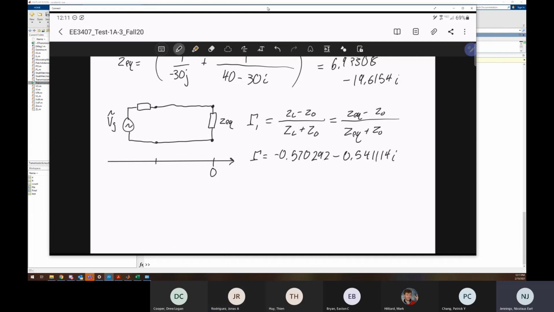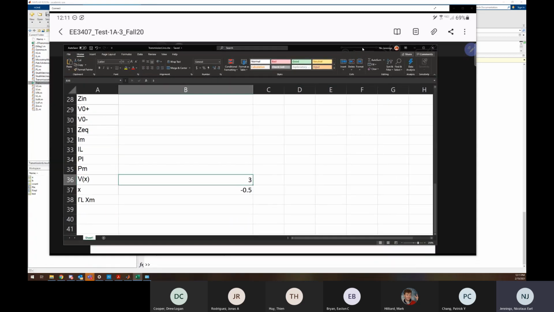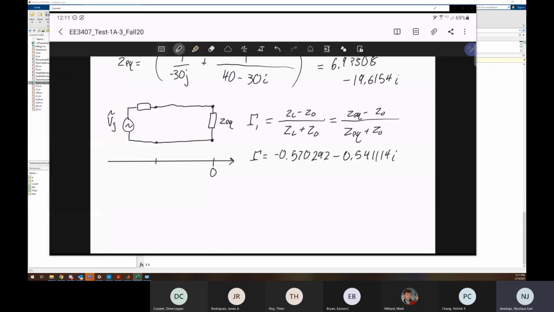Now that we have gamma, what is our next step? You've already said this before. Just quizzing you again. It's always good to hear the thought process. Jonas, I think you said it, but maybe someone else can answer. What is our next step after solving for gamma? Drew, what is the next step that we'll take after solving for gamma?